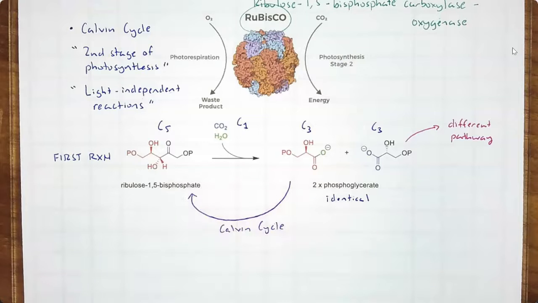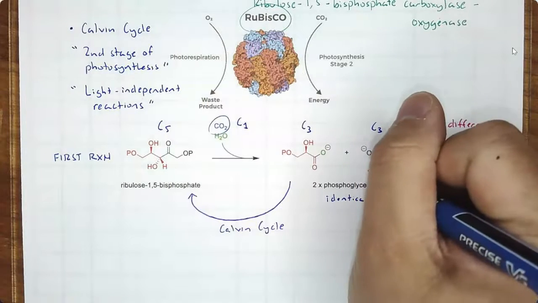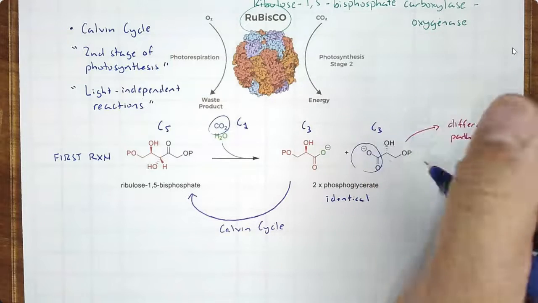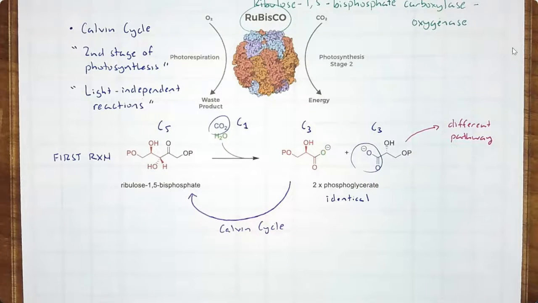We're also going to go through, you might have heard this before in your lecture, the enediol. And somehow we're going to have to get this carbon dioxide to be attacked and incorporated into that molecule before it splits into 2 pieces.